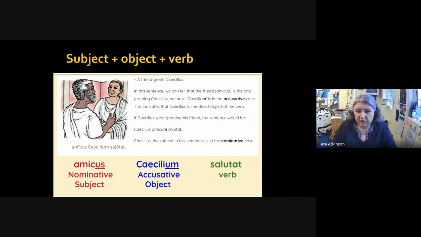And then we go back to caecilium in the center. We call that ending the accusative case. It's the direct object of the verb. So his ending changes to reflect that. So if we change the endings round and you said caecilius amicum salutat, you'd be changing the meaning to Caecilius is greeting the friend. So that's how Latin works, really. That's sort of the nuts and bolts of everything we do from now on.